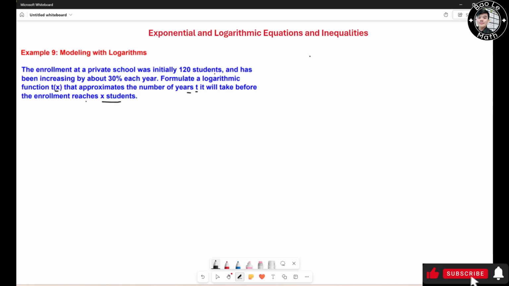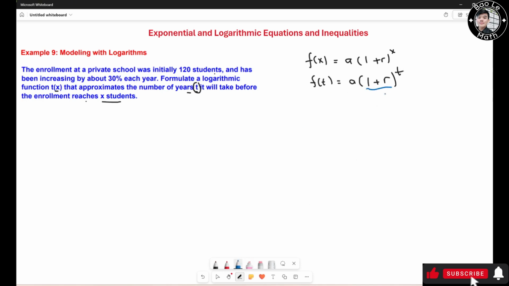Right, so we have the function f of s is a times 1 plus r raised to the s. Right, so in this situation the variable is t, right? So just write f of t equals a times 1 plus r raised to the t, right?